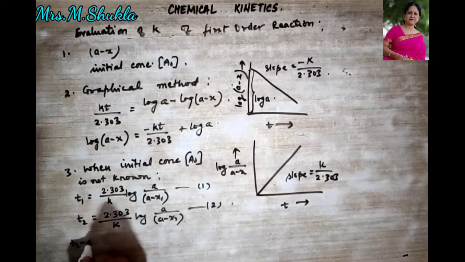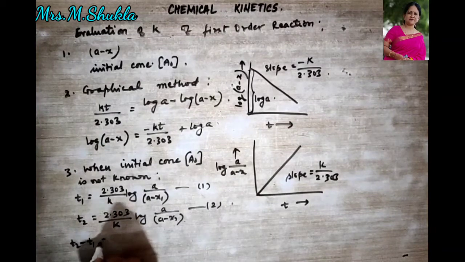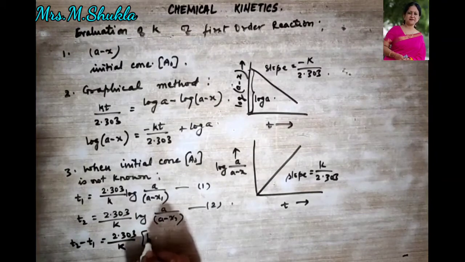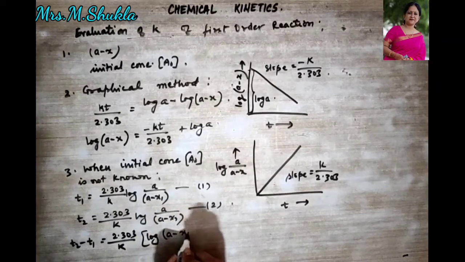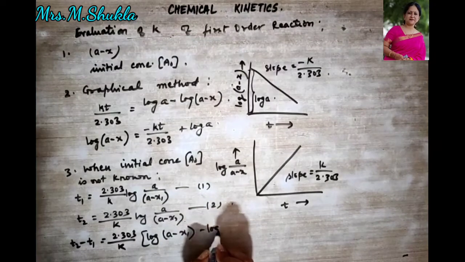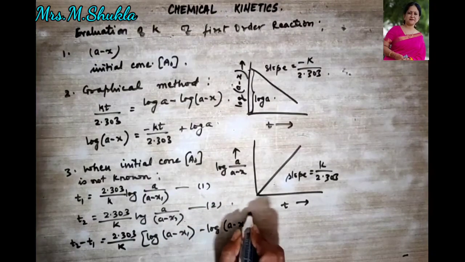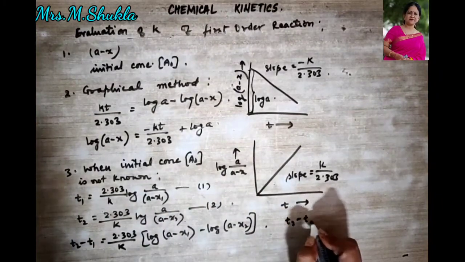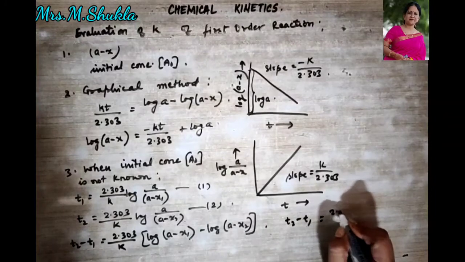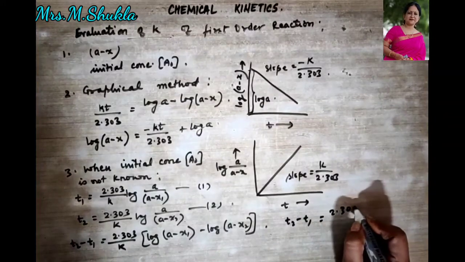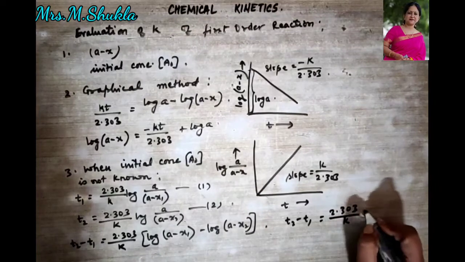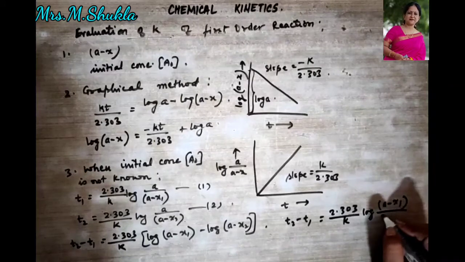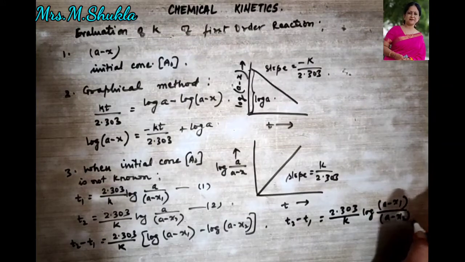Then your t2 minus t1 is equal to 2.303 upon K [log (A minus X1) minus log (A minus X2)], isn't it? Therefore, we can say that t2 minus t1 will be equal to 2.303 upon K log (A minus X1) upon (A minus X2).